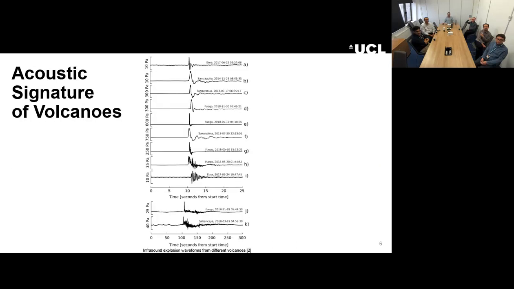And what we are trying to detect: there are some examples of the time domain of explosion sounds, and the graph B here is from our volcano again. As you can obviously see, in the time domain, explosions show some similar characteristics.